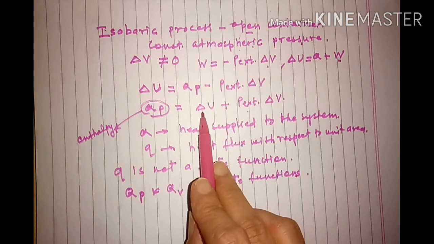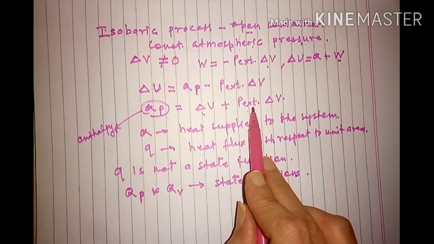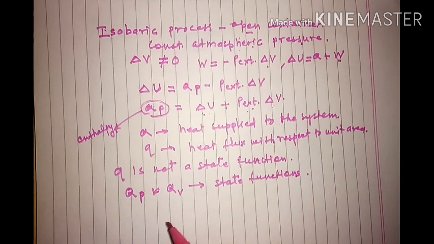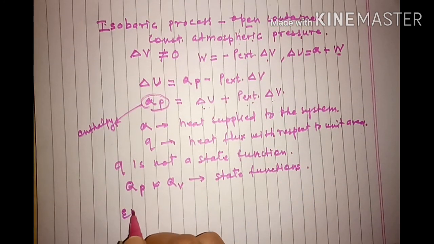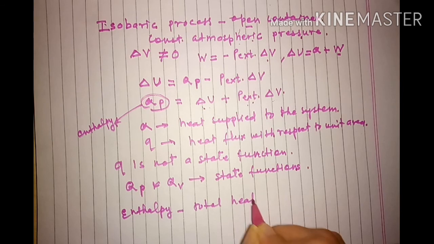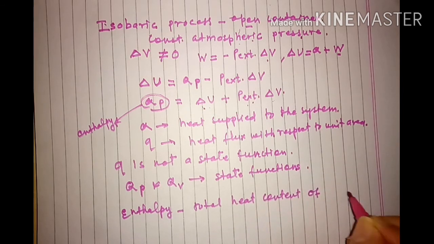So QP is equal to delta U, that is the internal energy of the system, plus the energy equivalent to pressure-volume type of work in the system. In other words, you can say enthalpy is nothing but the total heat content of the system. So we reach up to this concept of enthalpy.